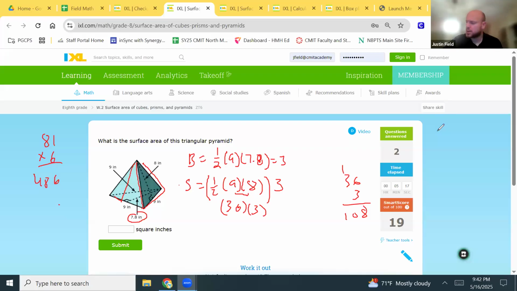Okay, 35.1. So the base is 35.1. The sides add up to 108. So then let's just add 108 to that. We get 143.1.